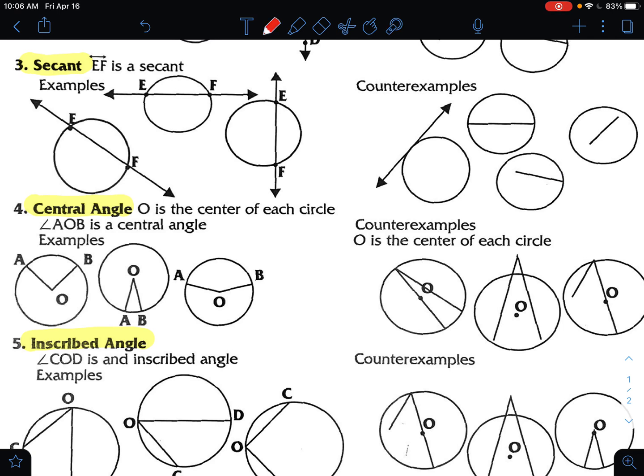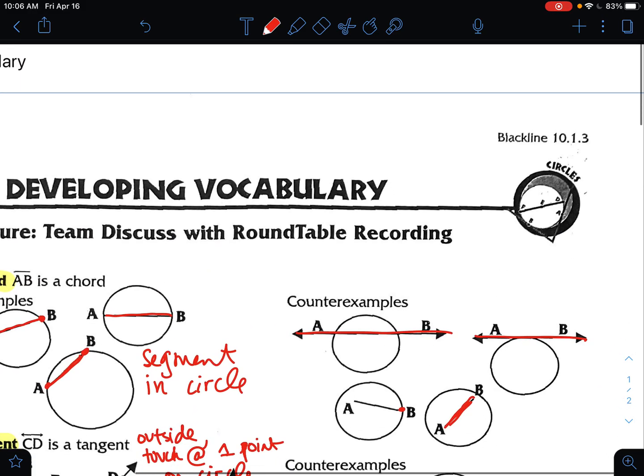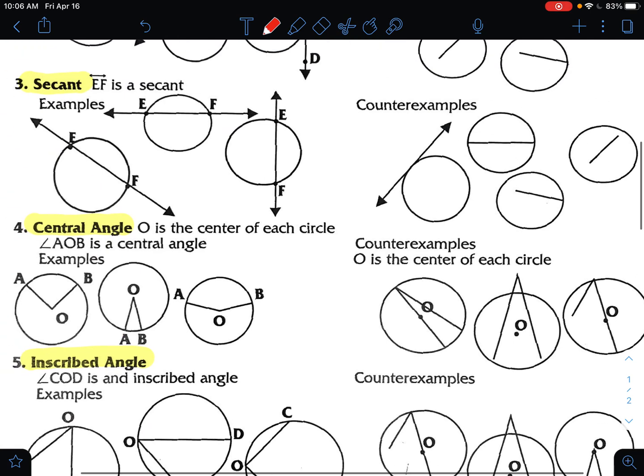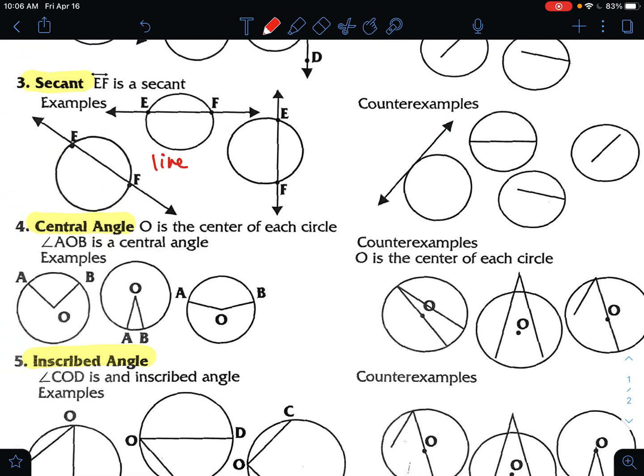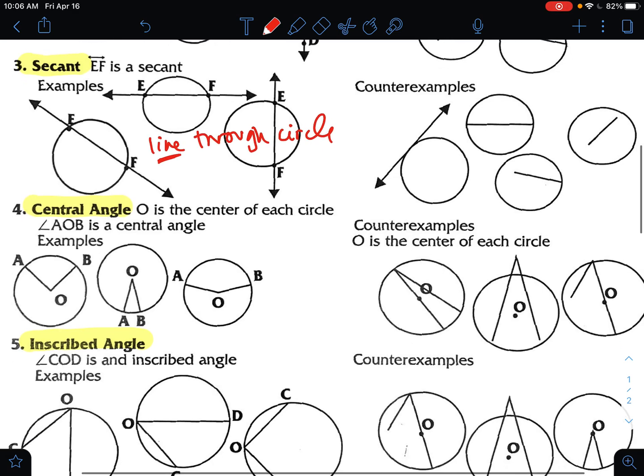So the big deal on a secant is it is a line that goes through the circle. I'm just going to write that real informally: line through circle. So it goes in one side of the circle, out the other, and they are going to be lines.